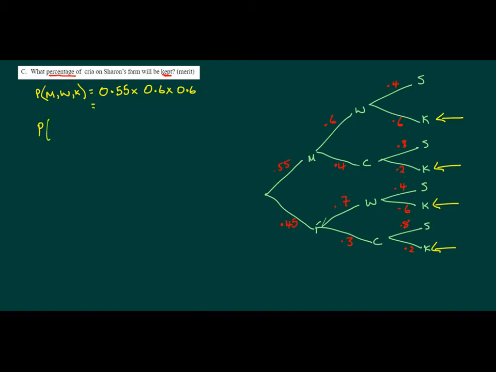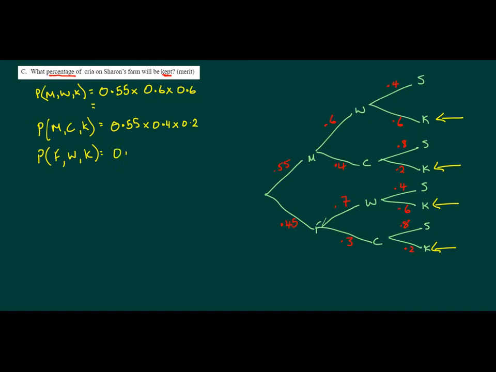Then we've got the probability of it being male, coloured, and kept. Okay, so you've got 0.55 times 0.4 times 0.2.